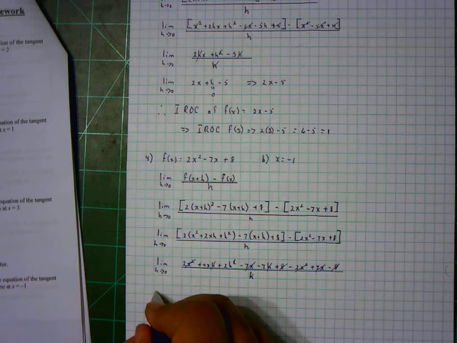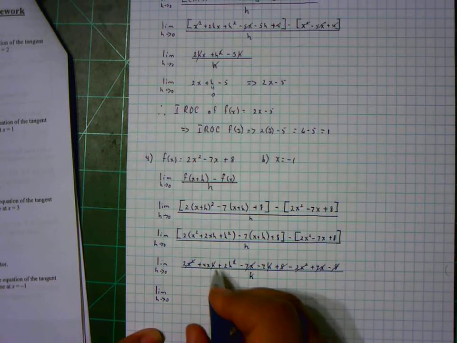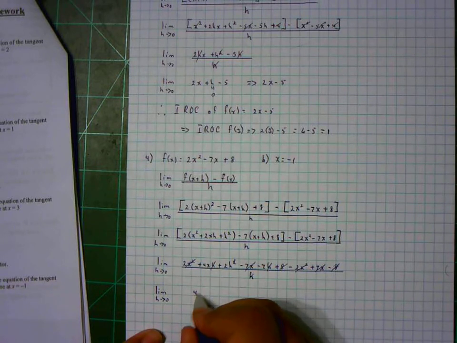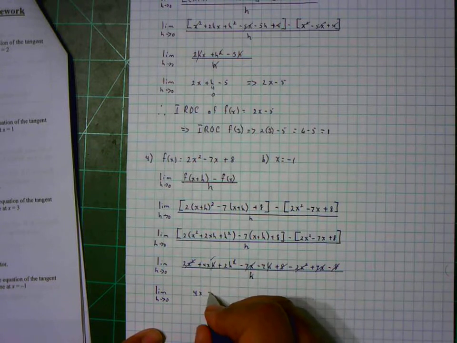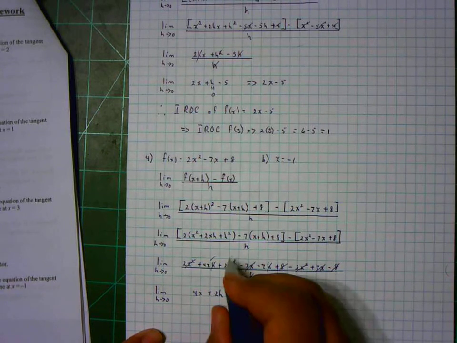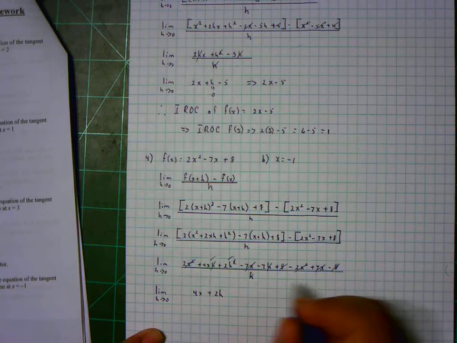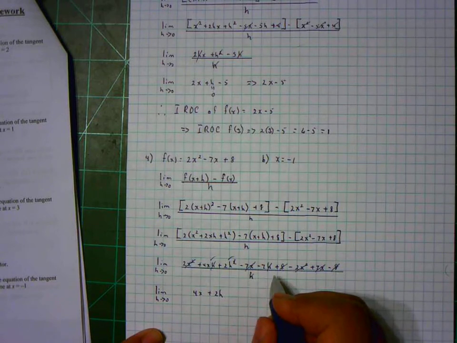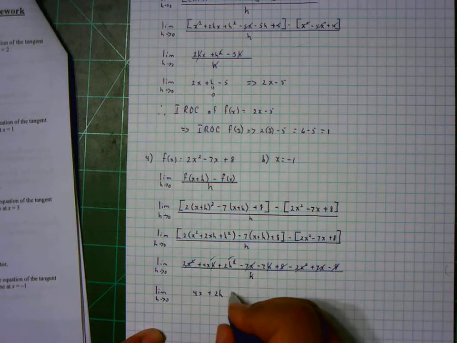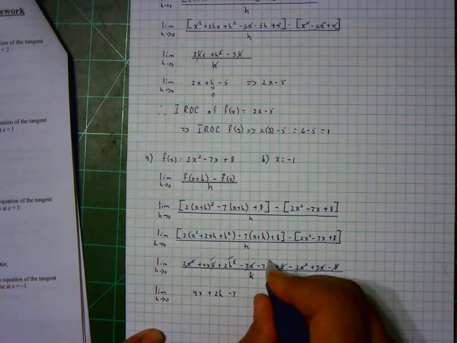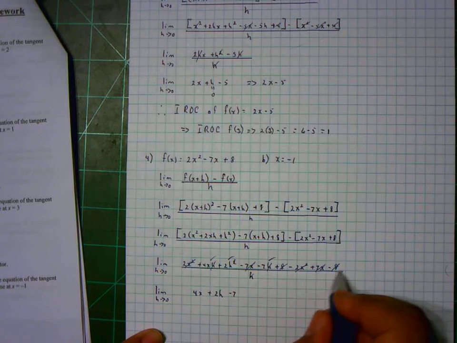So what I'm left with is the limit as h goes to 0 of 4x, that takes care of this one, plus 2h, that takes care of this one, and let's see, what else do I have here, minus 7, takes care of this one, and everything else is gone.